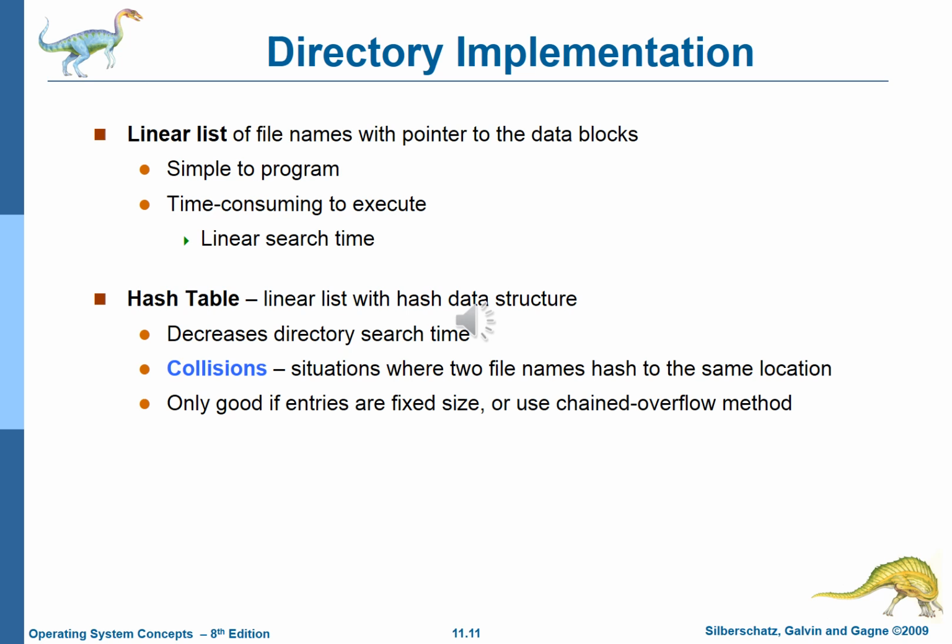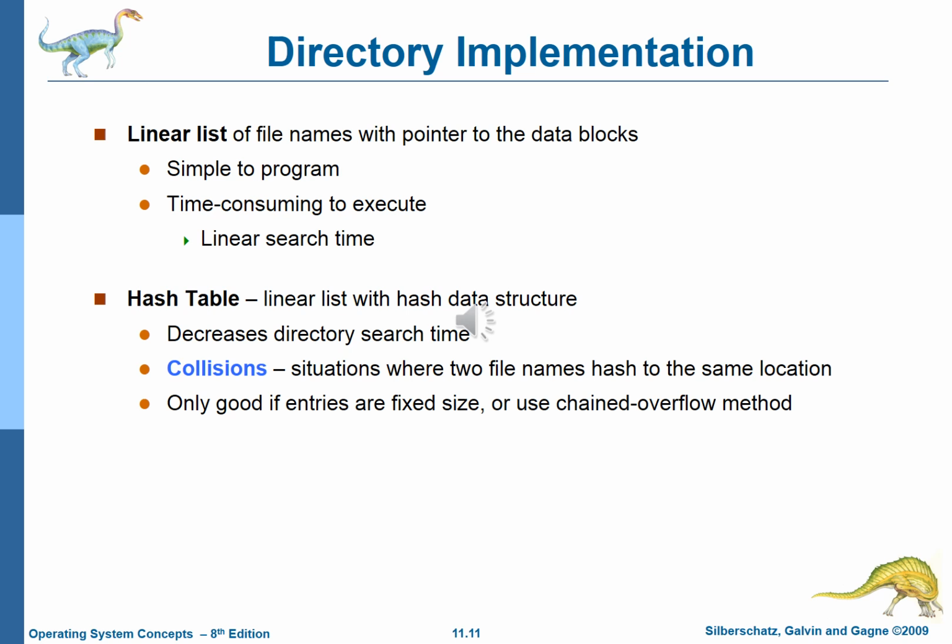A directory contains subdirectories and files. These are two ways to implement a directory. One way is a linear list of file names, where each file name has a pointer that points to the data block of that file. It is simple, but when the number of files becomes very large, searching becomes difficult.